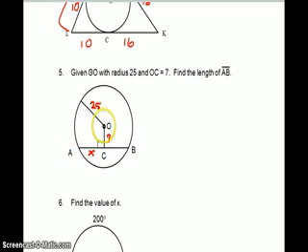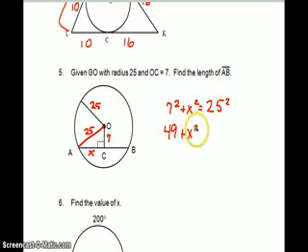We can find that because we know we can draw a radius from the center of a circle to the outside. We'll make this 25 here. And now we can just use the Pythagorean theorem. We're going to do 7 squared plus x squared equals 25 squared. It's 49 plus x squared equals 625. Subtract 49 from both sides.